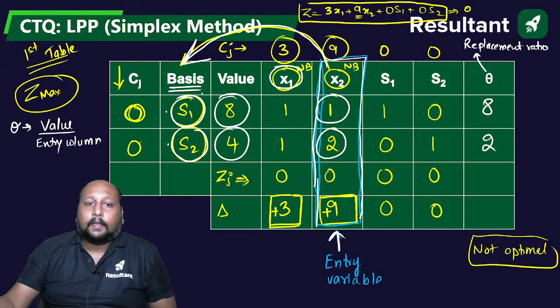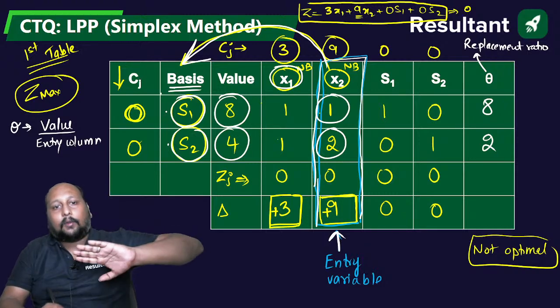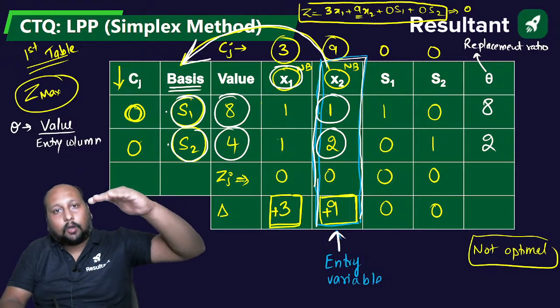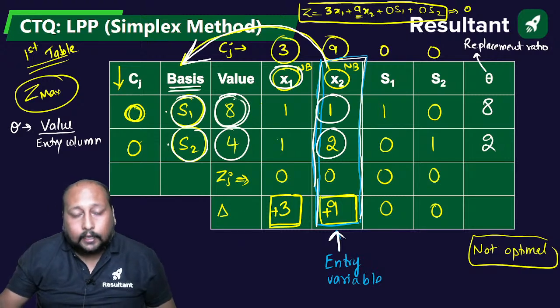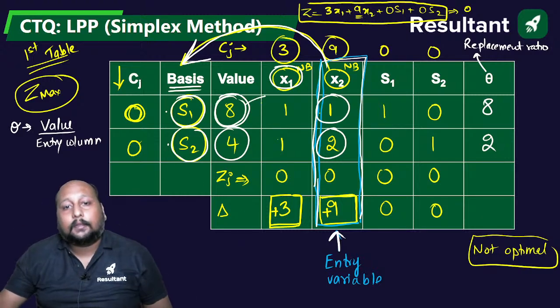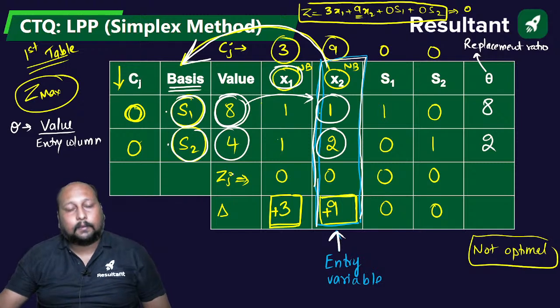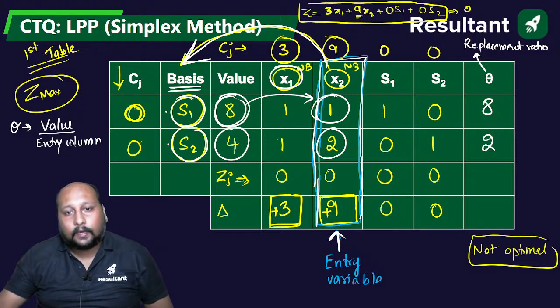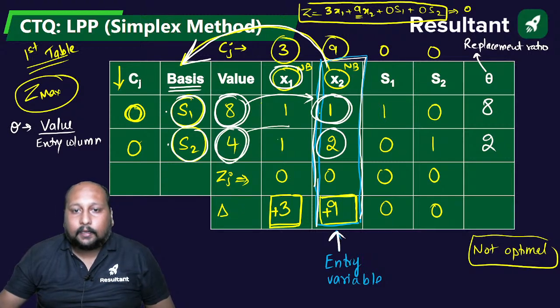Again repeating, theta is nothing but you have to take the ratio of value. The value is 8 divided by the corresponding entry column value, that is 1. Okay, so 8 by 1 is 8. 4 divided by 2 is 2.